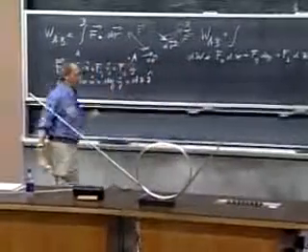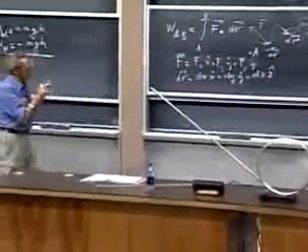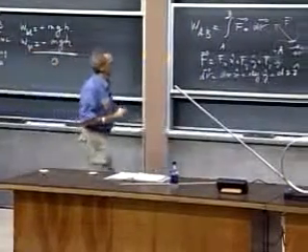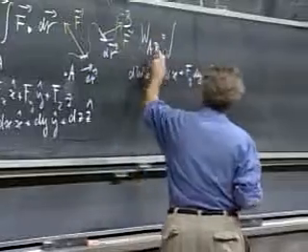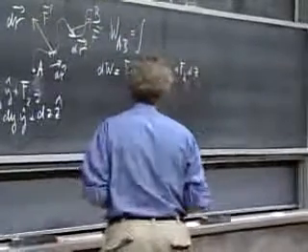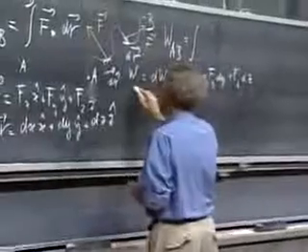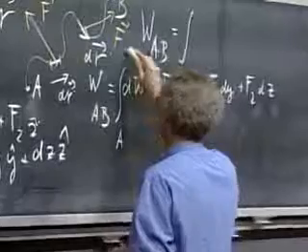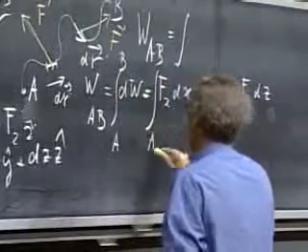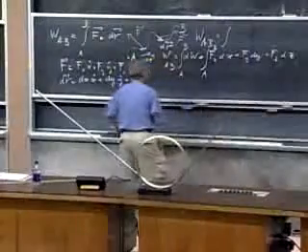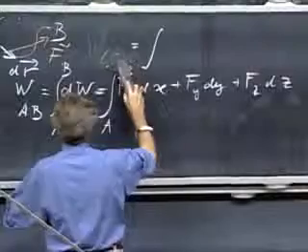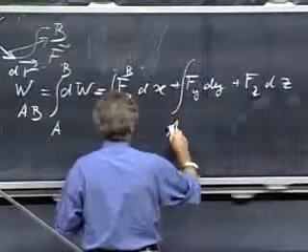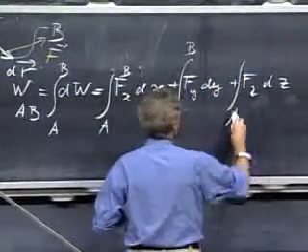That is a little amount of work if the force is displaced over a distance dr. Now I have to do the integral over the entire path to get W from A to B. That's an integral going from A to B, each for the x, y and z terms.